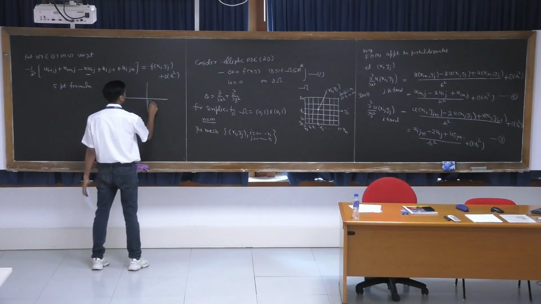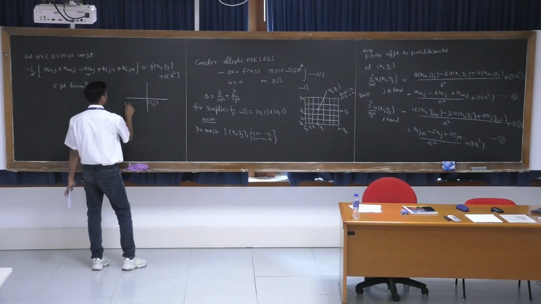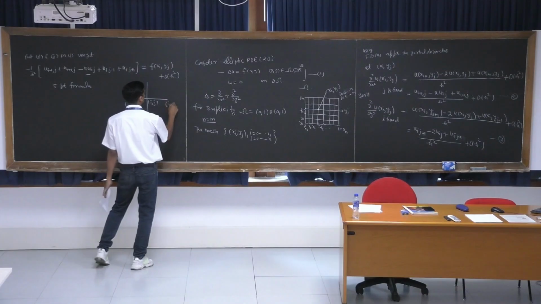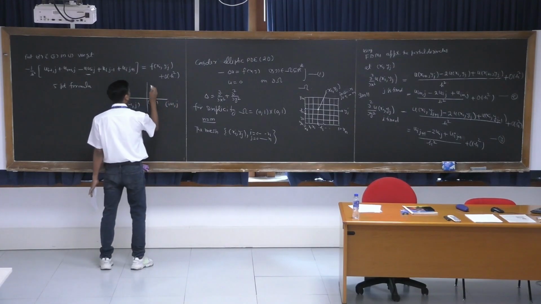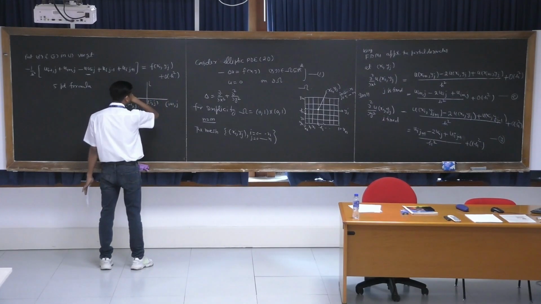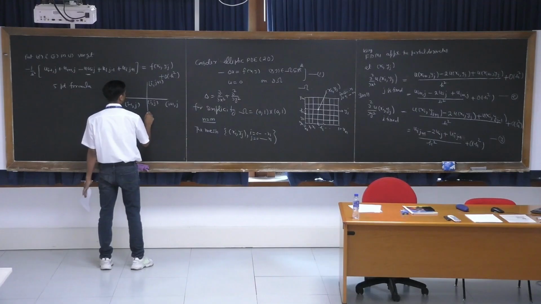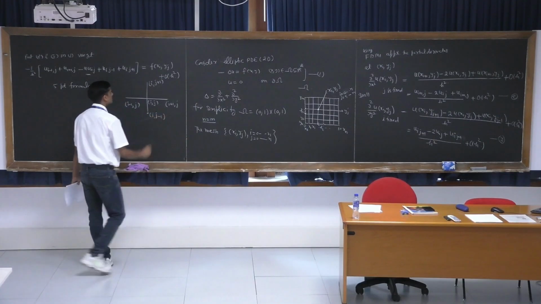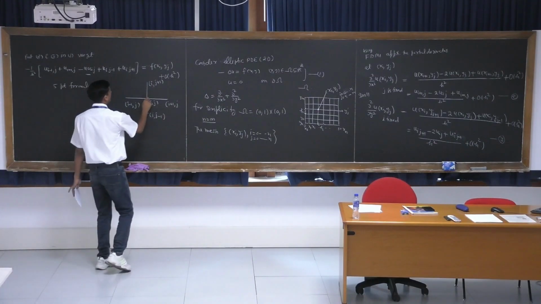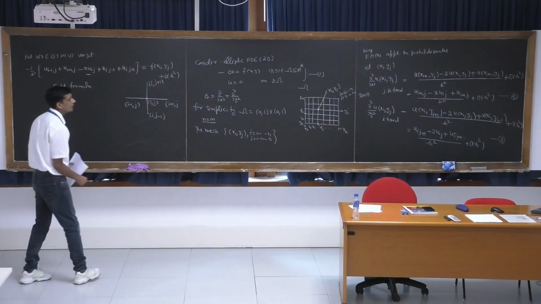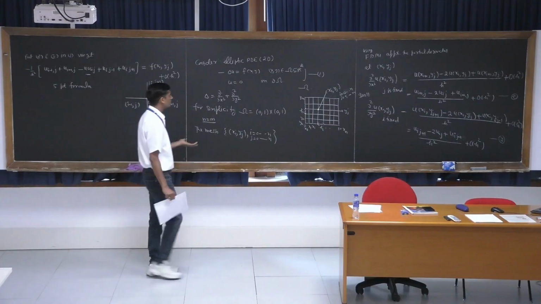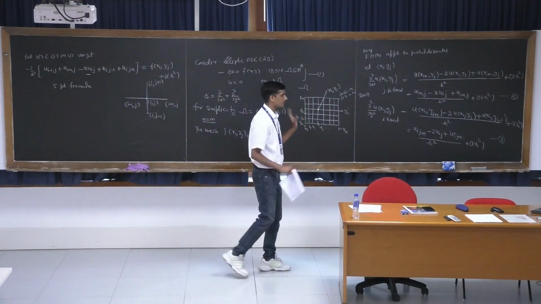Suppose this point is i j, this is i minus 1 j, this is i plus 1 j, this is i j plus 1, and this point is i j minus 1. So this is called the 5-point formula for solving the second order elliptic PDE by using the finite difference method.